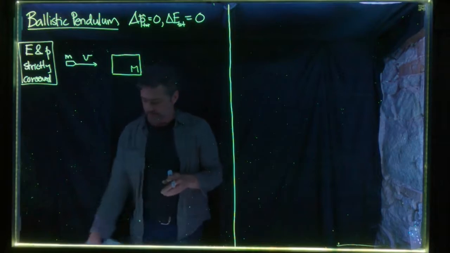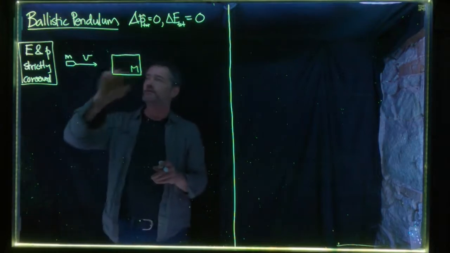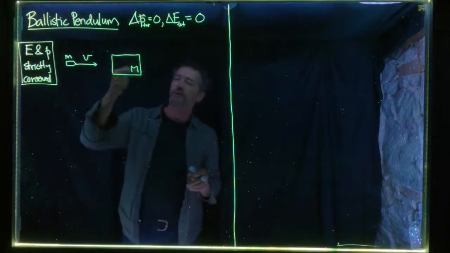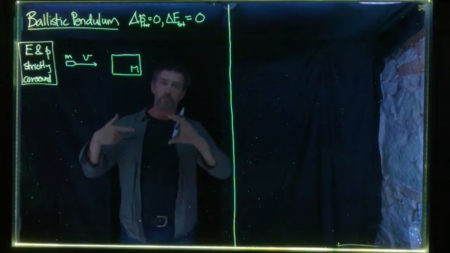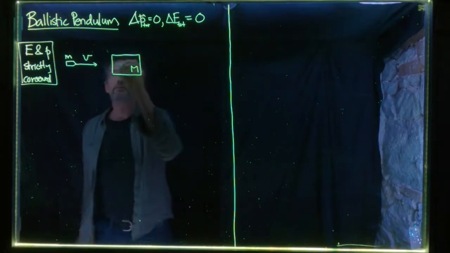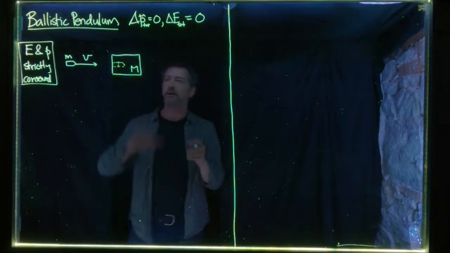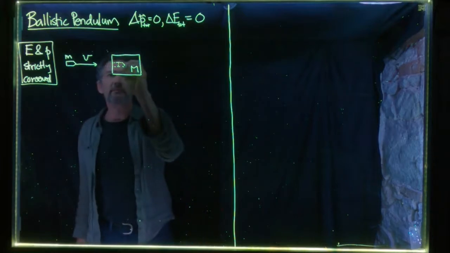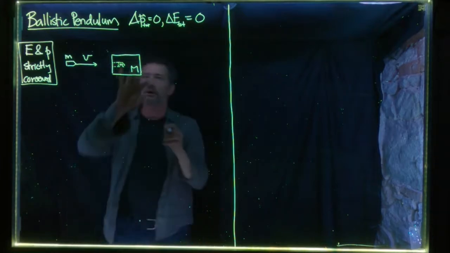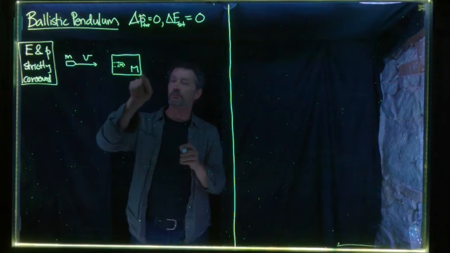And it's initially at rest. The bullet lodges itself into that block, like it'll just really bore a hole right into it. And then the bullet will end up lodged inside that mass big M. So this object now is an object where the bullet is at rest with respect to the block.